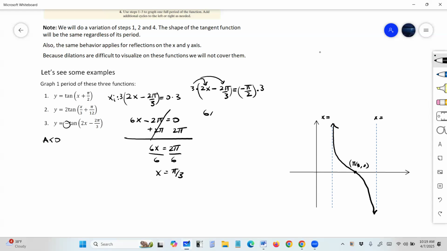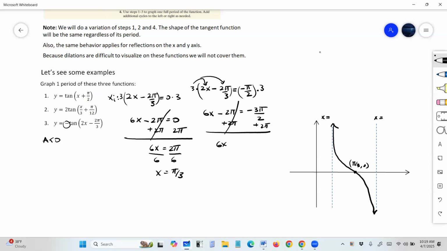So I have 6x minus 6 pi over 3, which is just 2 pi, and this is negative 3 pi over 2. I guess instead of multiplying by 3, we could multiply by 6. Can do that. But since I'm here right now, I'm going to add 2 pi to both sides.